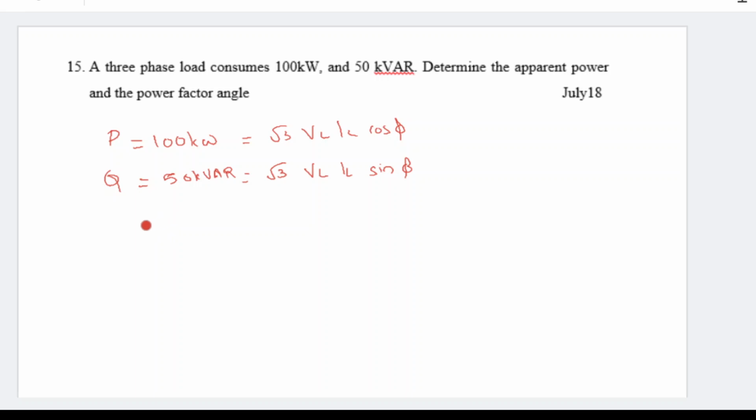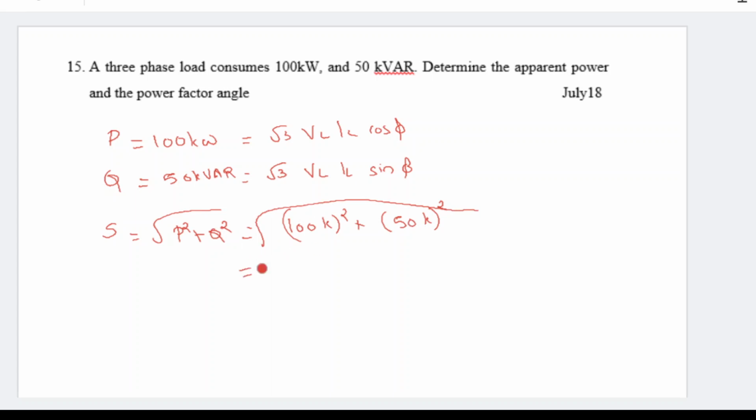Okay. So how can we find out the apparent power and power factor? So we need only root 3 VL IL. We don't need any sin phi or cos phi. So we can say apparent power S is equal to root of P square plus Q square, isn't it? So that is equal to root of 100 kilo square plus 50 kilo square. Okay, and that will give you the apparent power.